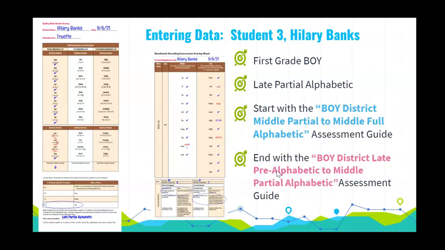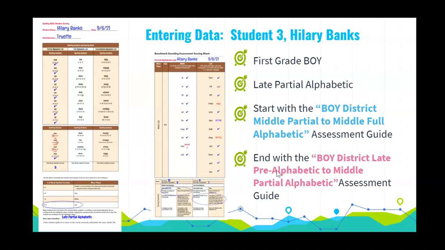Let's move to our third student, Hillary Banks. Again, Hillary is a first grade student who took the beginning of year benchmark assessment. She is currently performing within the late partial alphabetic phase.